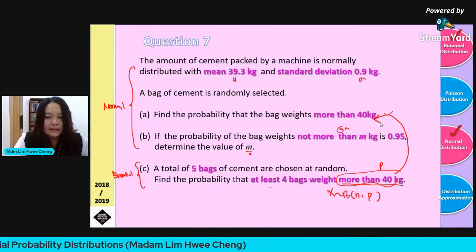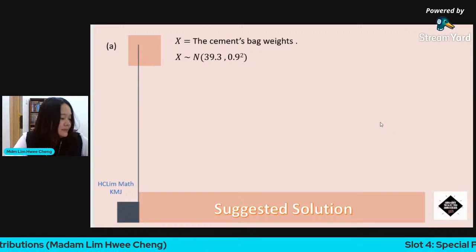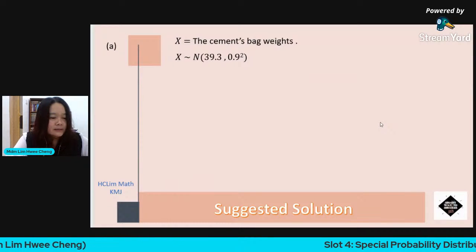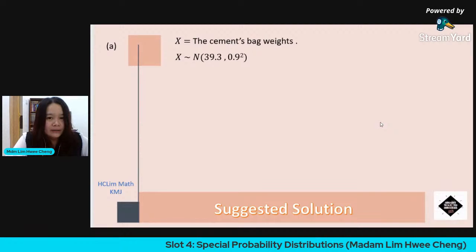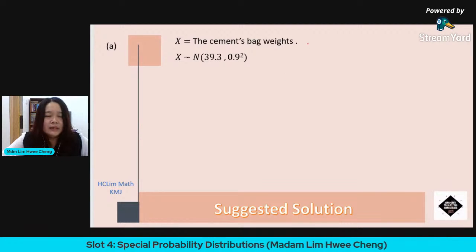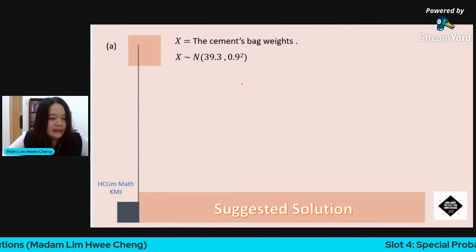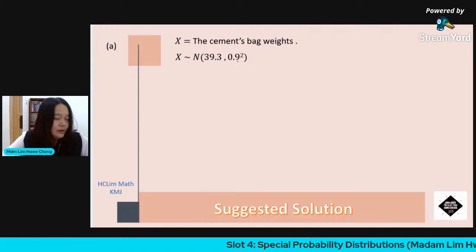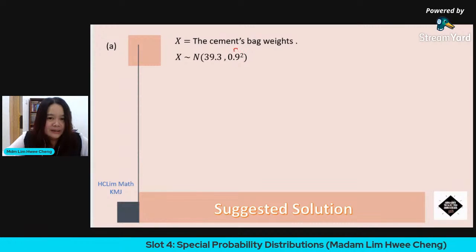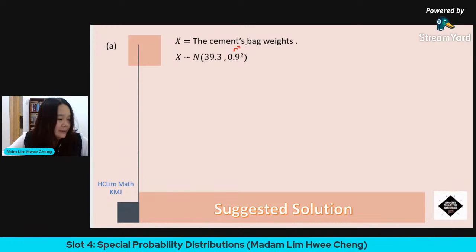We look at question A here: the cement's bag weight. This is your variable, and you want to calculate the weights here. The mean is 39.3 and the variance is 0.9 squared. Make sure, because this is sigma squared, the parameter is the variance.